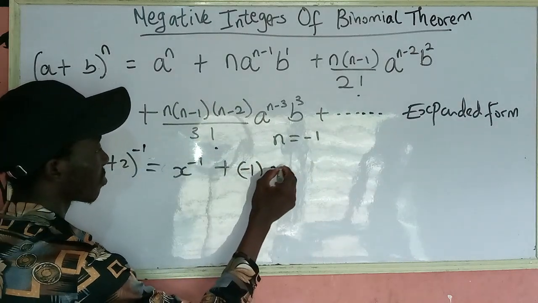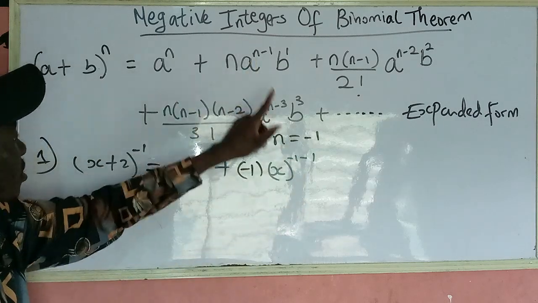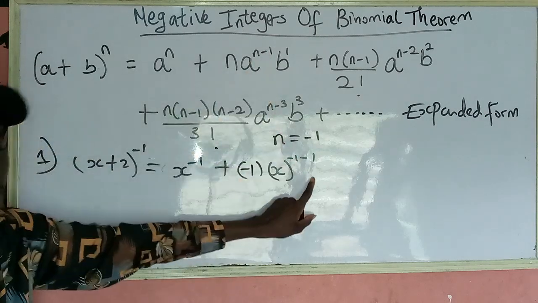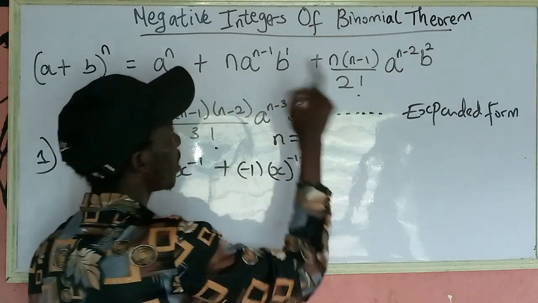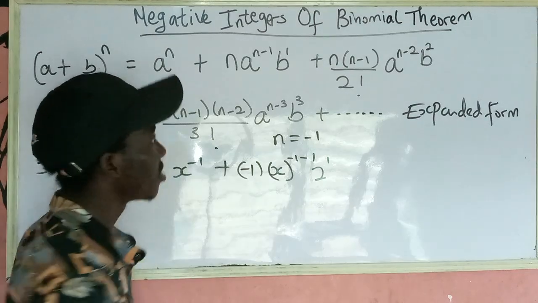So that is x to the power minus 1, and your b is 2, so that is 2 raised to power 1.